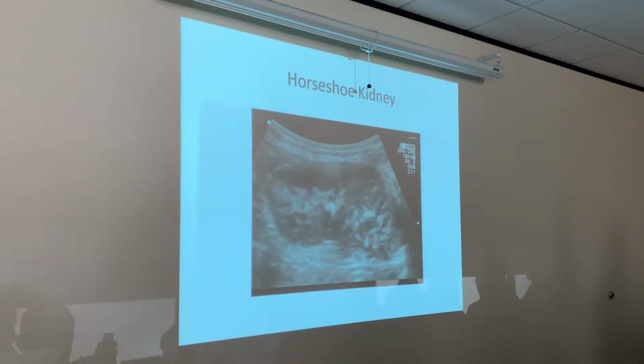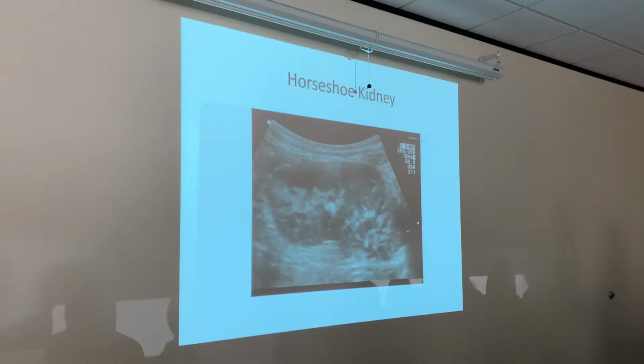A horseshoe kidney. Anterior, posterior, superior, inferior. See how I can see my superior border? I'm losing my inferior border. That's because both kidneys are fused at the inferior poles, and we have to do a transverse image to document and confirm that this is a horseshoe kidney.